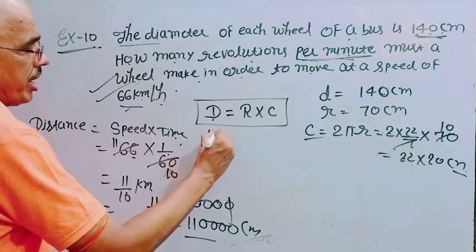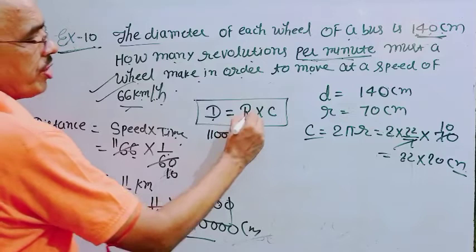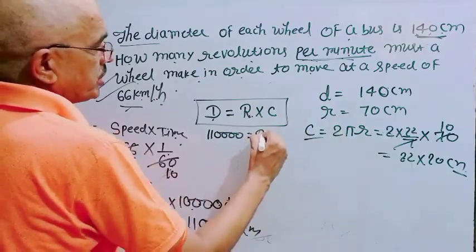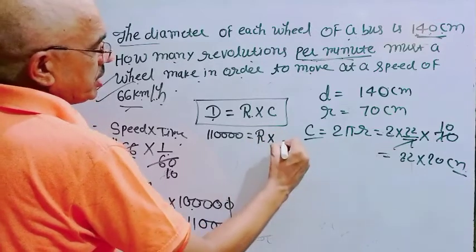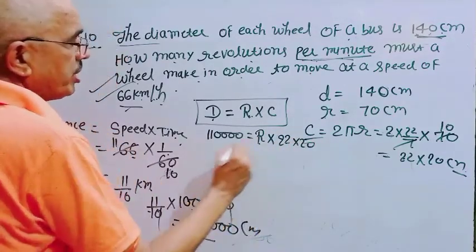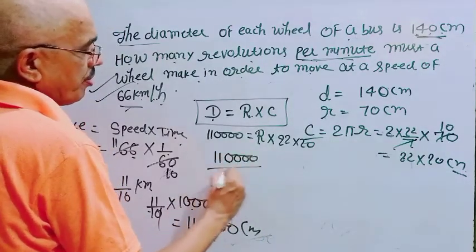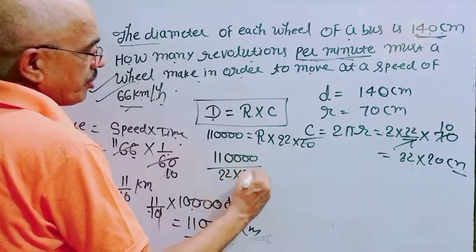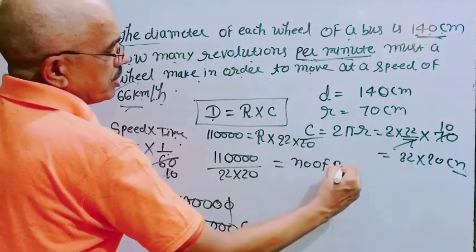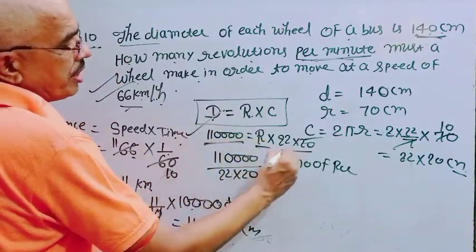So I write here 1100 centimeter is equal to the number of revolutions into circumference. What is the circumference? Circumference is 22 into 20. So the number of revolutions is 1100 by 20 into 20, because distance is equal to revolution into circumference.